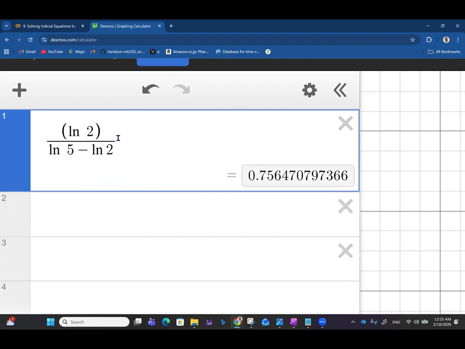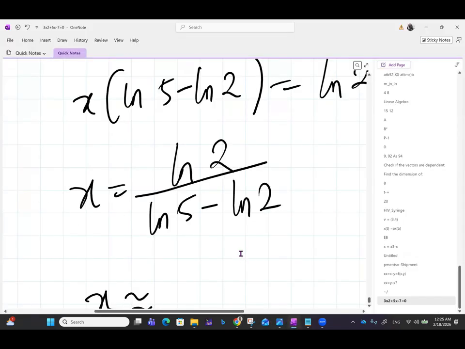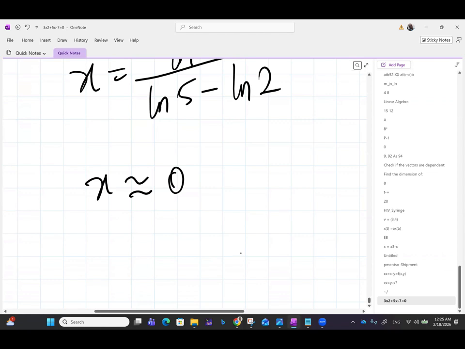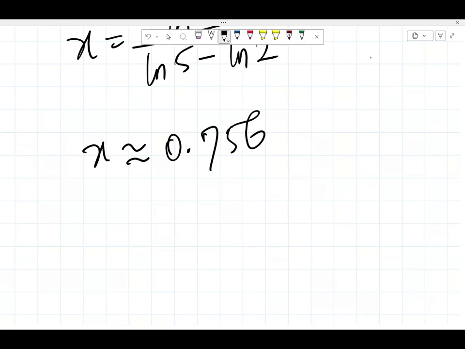Yeah, something like this. So I have 0.756, approximately. And that's the answer right there.